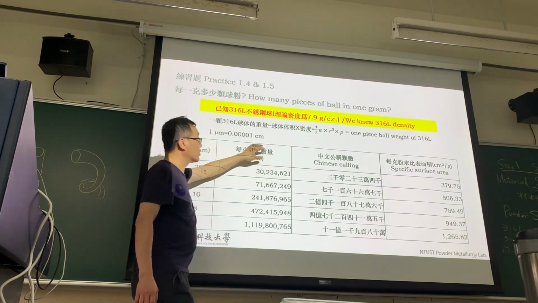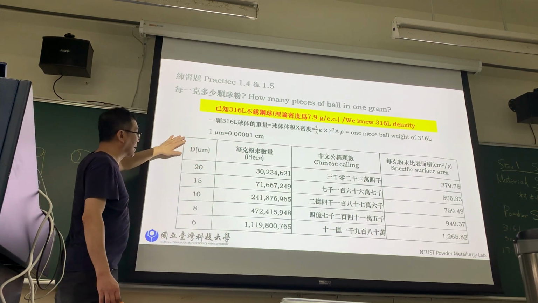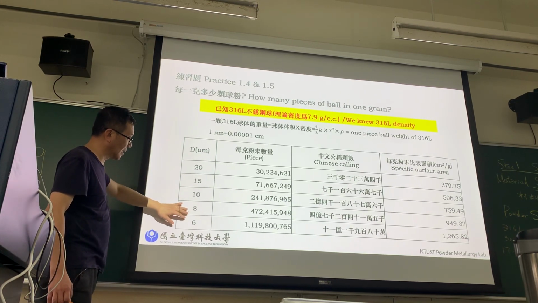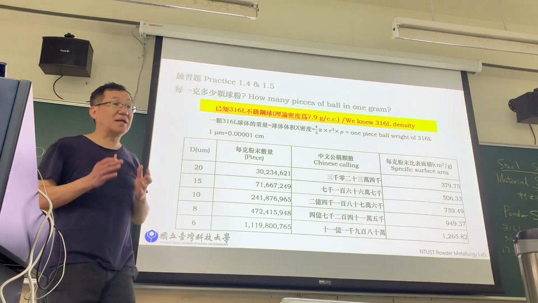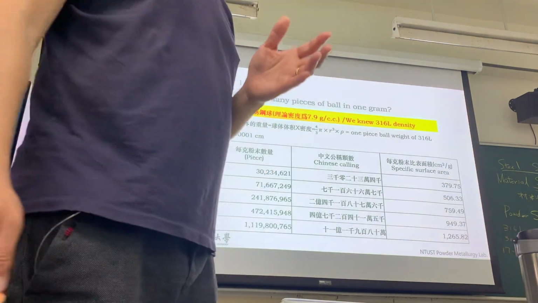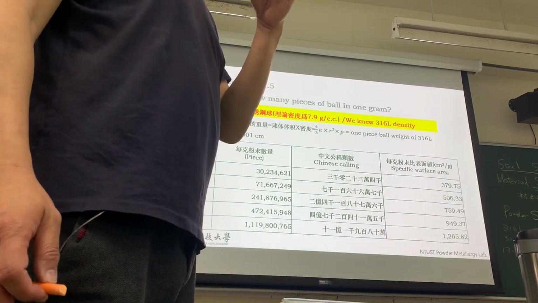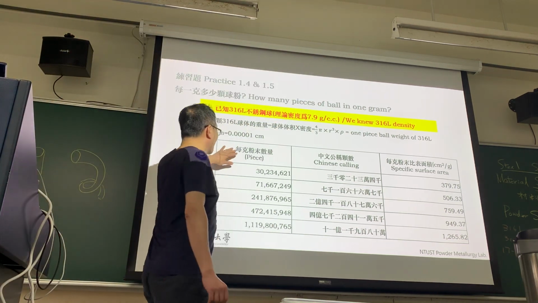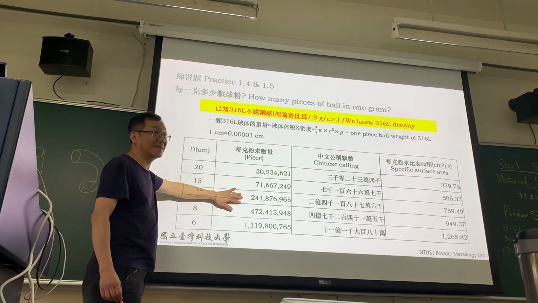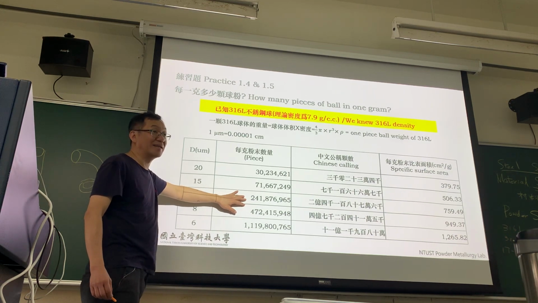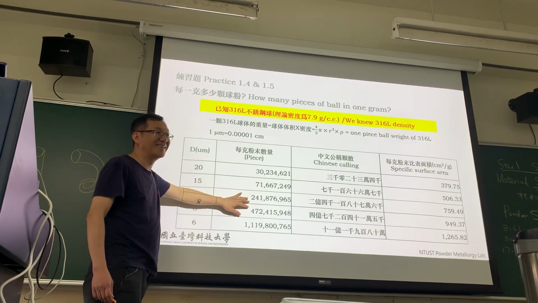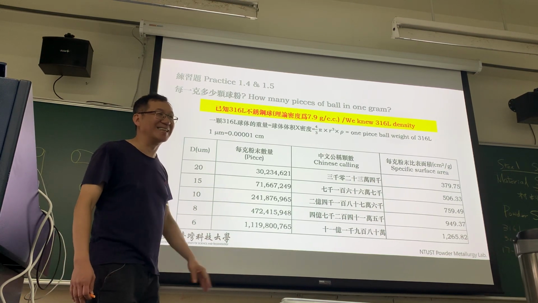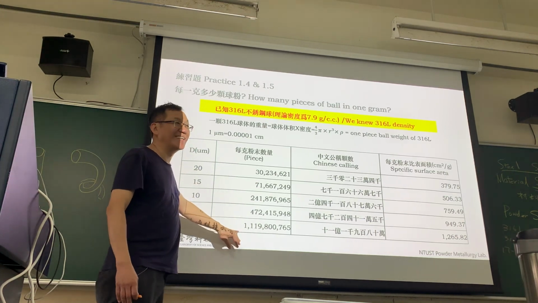Totally, we can make an assumption: 20 micron, 50 micron, 10 micron, 8 micron, and 6 micron, different powder sizes. When the size is small, the quantity will be increased. Wow, so many numbers. If you had money like this, when you become rich, you wouldn't need to study here. You just study here to learn the numbers.